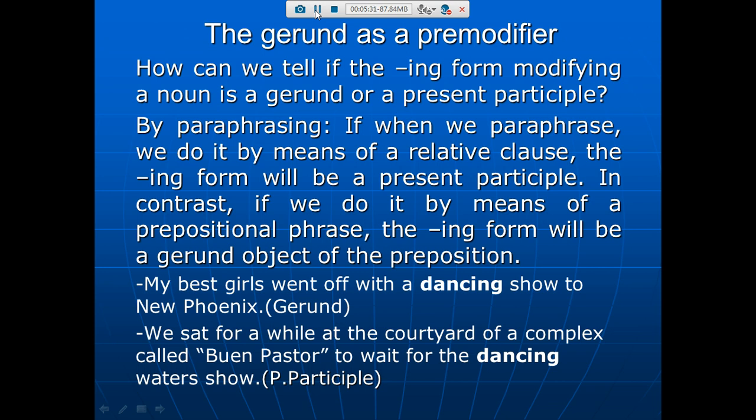So it's important to bear this in mind because it will have an impact in your translations. So as I said, the surface structure is the same, but the deep structure will change depending on how you paraphrase, how you unpack these constructions.